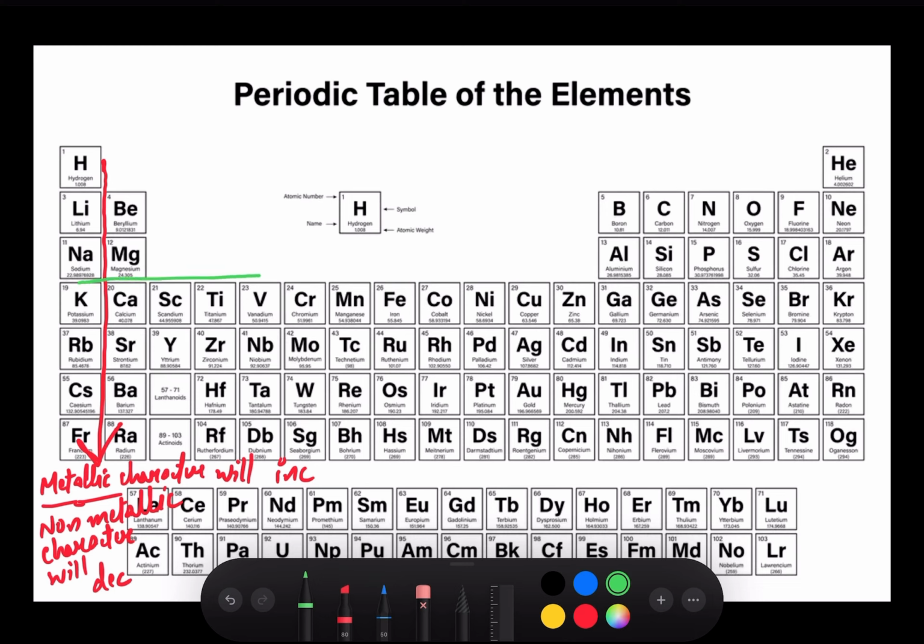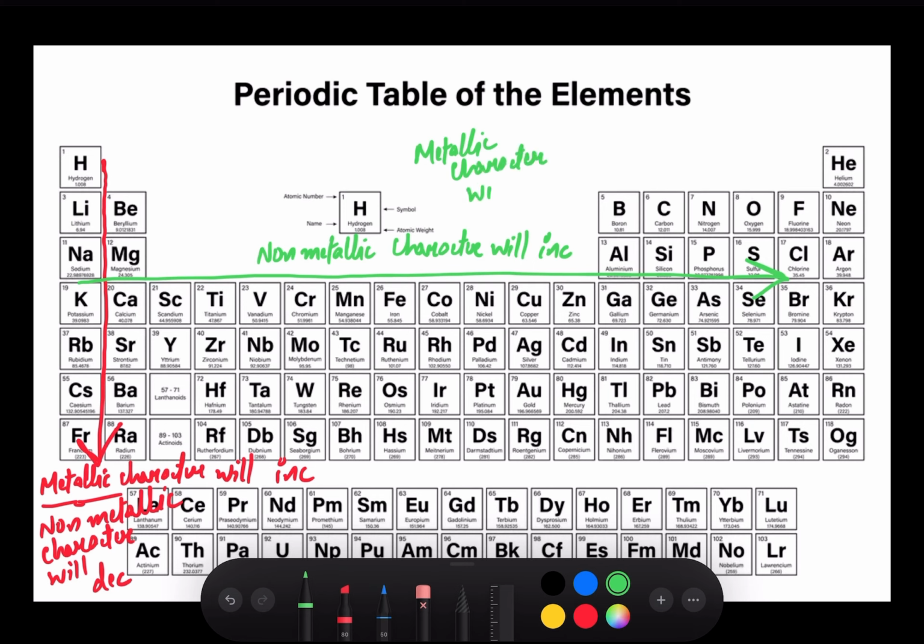Now let's talk about the period. If we are moving from left to right, what's going to happen? Non-metallic character will increase, and on the other hand metallic character will decrease.